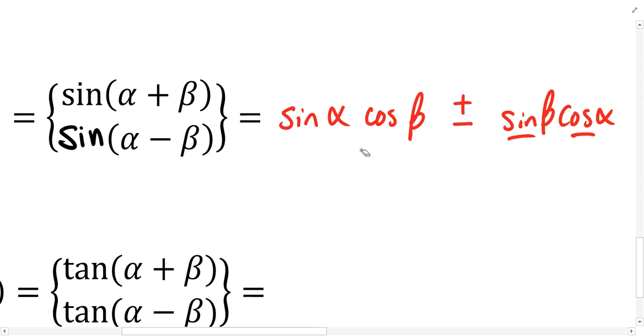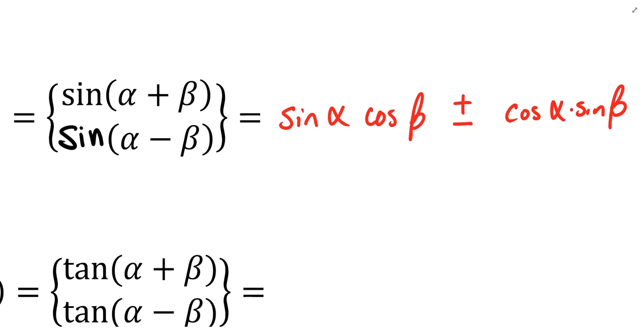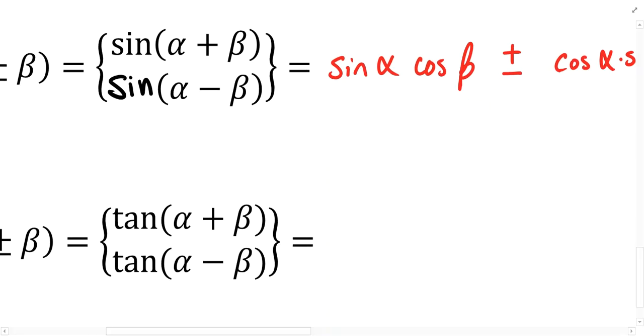I've seen some textbooks and some students in the past prefer to keep the angle measures in order, so they'll write sine, cosine, and then cosine, sine, and retain the alpha, beta order. I'll accept that too because they mean the same thing. Sine of beta times cosine of alpha, those two can be swapped due to the commutativity of multiplication.